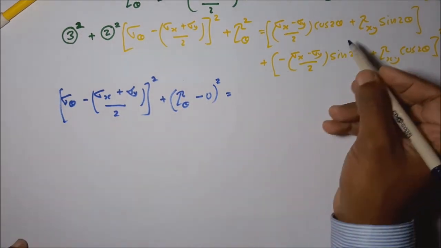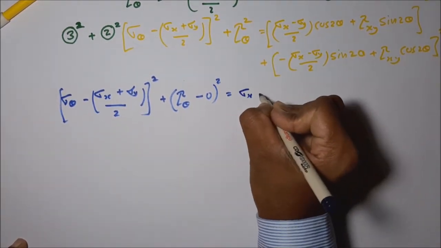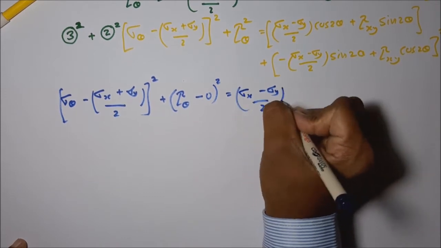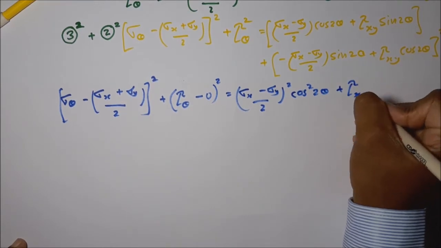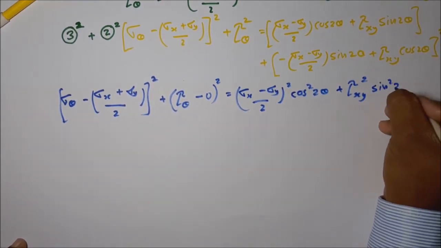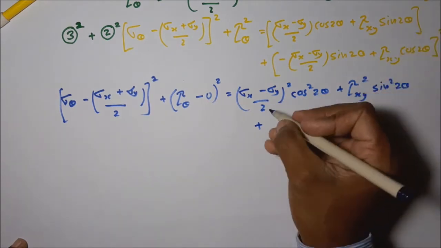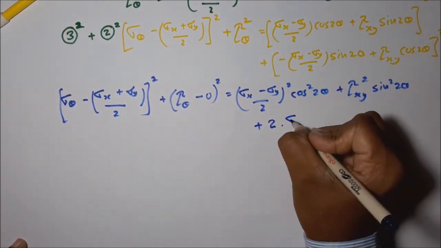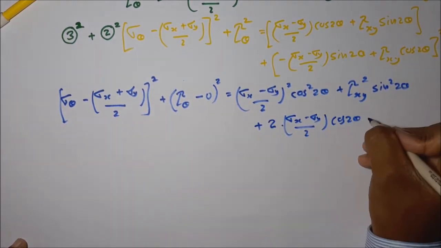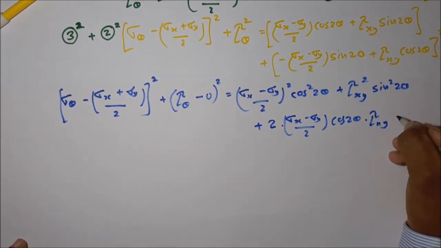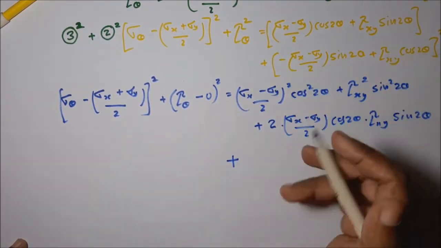Then taking the square of this one, I'll write that also: sigma x minus sigma y divided by 2, squared, cos square 2 theta plus tau xy squared sin square 2 theta, plus 2 times the multiplication of these two terms, sigma x minus sigma y divided by 2 cos 2 theta tau xy sin 2 theta.